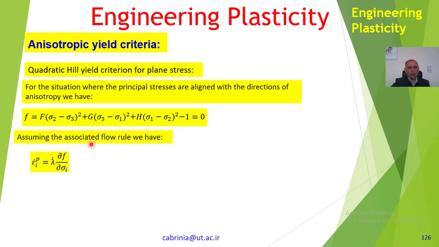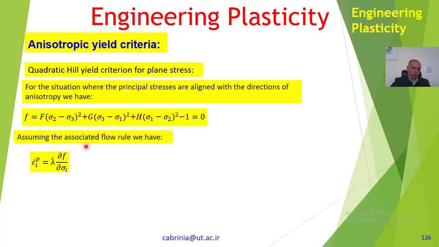Now, assuming the associated flow rule, remember I explained to you what the associated flow rule is and what the non-associated flow rule is. Associated means that the flow rule is related or associated to the yield function.